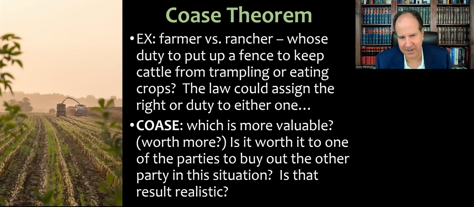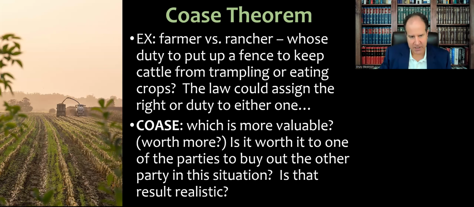Now, I have other videos that I assign to my students about the Coase theorem, some from me and some from other professors. But just as a quick recap in the contracts context, Coase had this hypothetical of farmers and railroads, and we could also put it in terms of, let's say, a farmer versus a rancher, right?